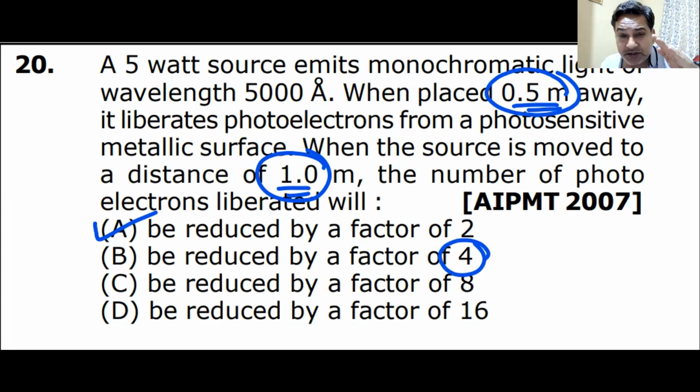If the distance becomes 1/3, then what happens? It will increase by 9. If the distance becomes 1/4, then what happens? Increases by 16.